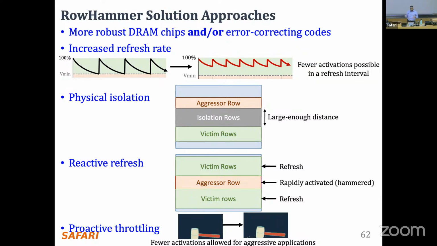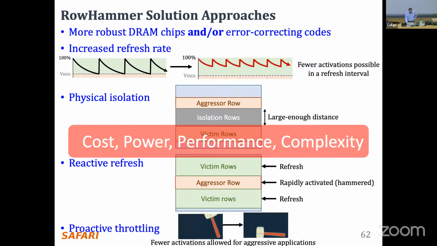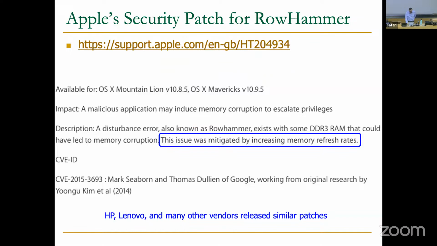You can come up with more robust DRAM chips, of course. You can have more sophisticated error correcting codes. You can increase the refresh rate to some extent. You can provide physical isolation between the attackers' and victims' data. You can refresh rows based on access patterns, which is called reactive or preventive refresh, or you can choose to throttle or slow down the memory accesses. And all of them have different trade-offs of cost, power, performance, and complexity.